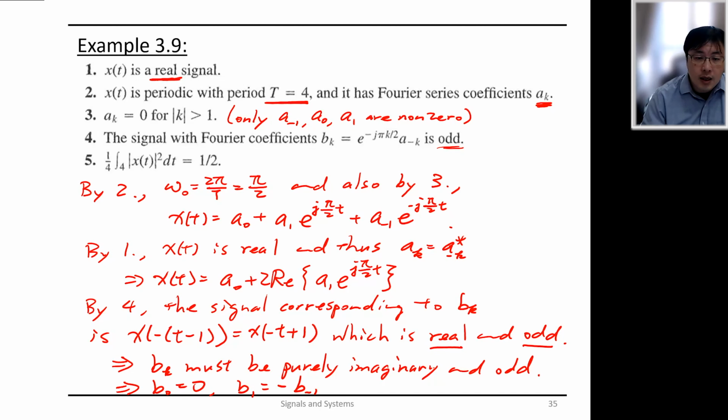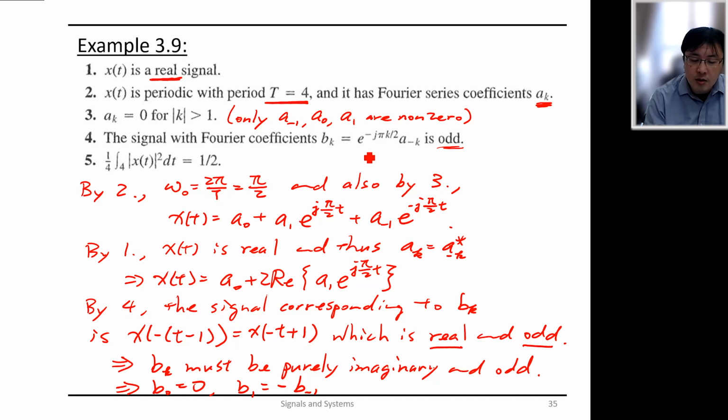Now, by this property 4, we know that a signal with Fourier series coefficient equal to this is odd. Now, what is this signal? We see here that a signal with Fourier series coefficient a sub minus k should be the time reversal of the original signal x of t, and this further imposes a time shift.